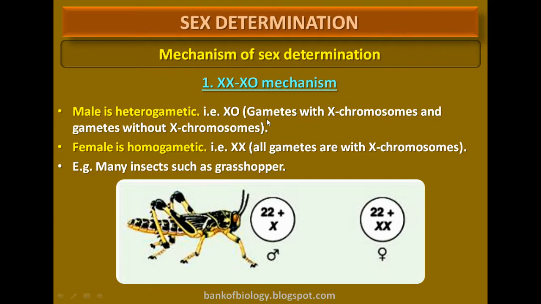So in males we have an X chromosome in one gamete and no chromosome in the other gamete. And the female is homogametic, meaning the same type of gametes are formed. All gametes are with the X chromosome. So XX is the female and XO is the male. This is exhibited by insects such as the grasshopper.